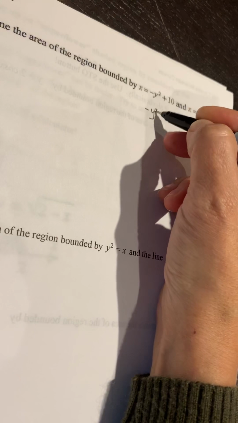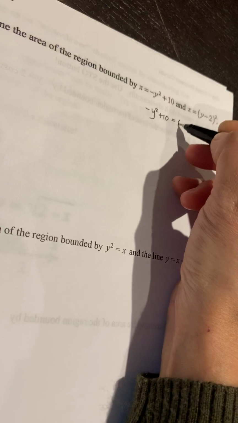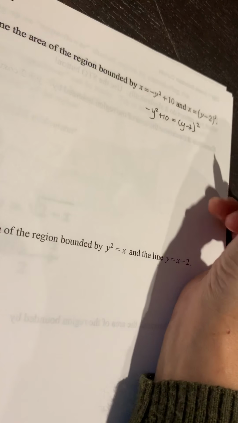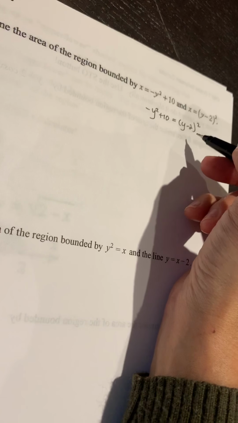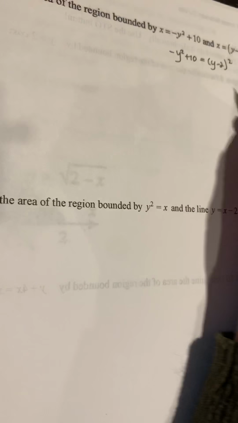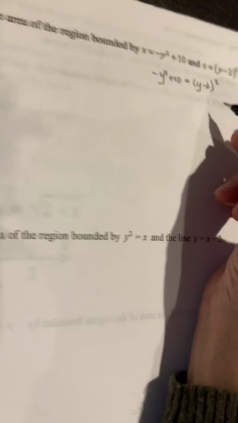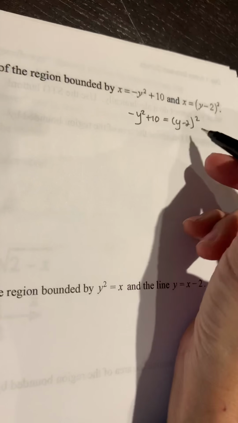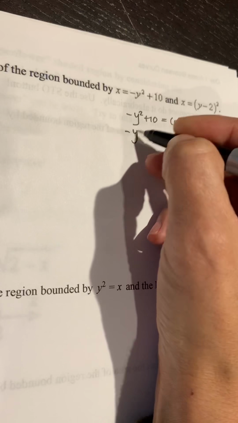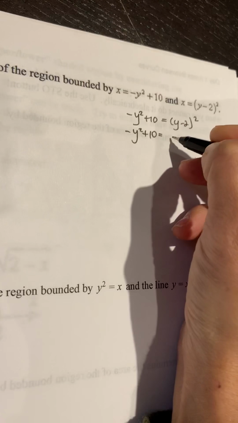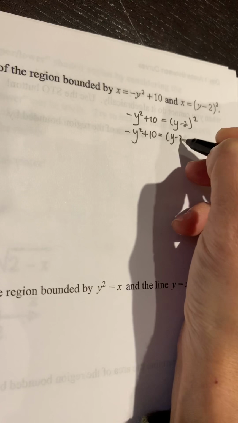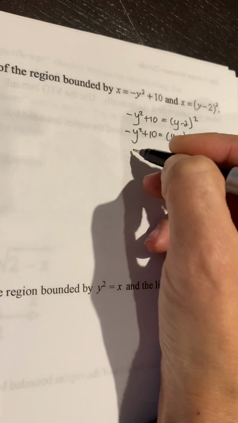So it's negative y squared plus 10 is equal to y minus 2 squared. And then the algebra for that is that you're going to need to distribute this one. It's going to be y minus 2, y minus 2.